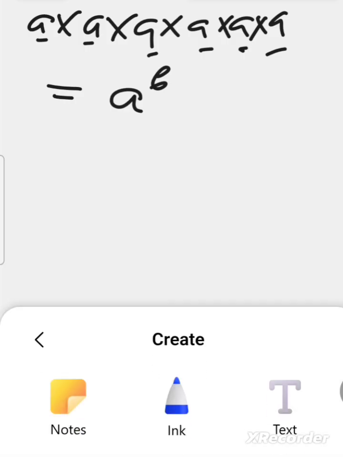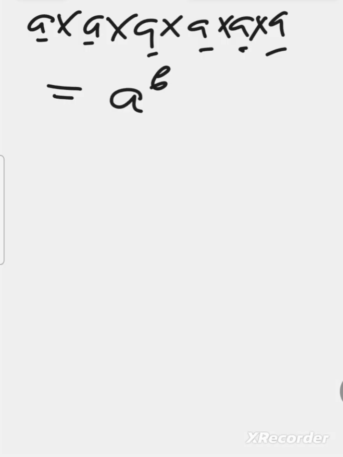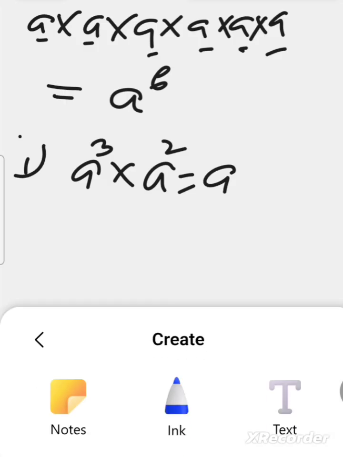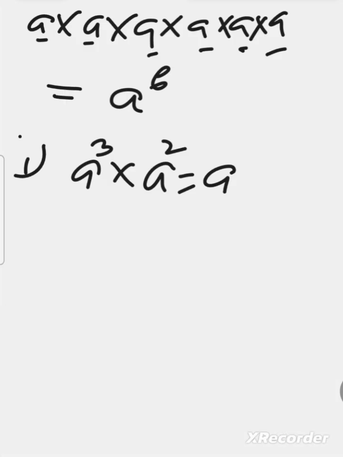From example 1, we add a power 3 multiplied by a power 2. In fact, our answer was a power 5.